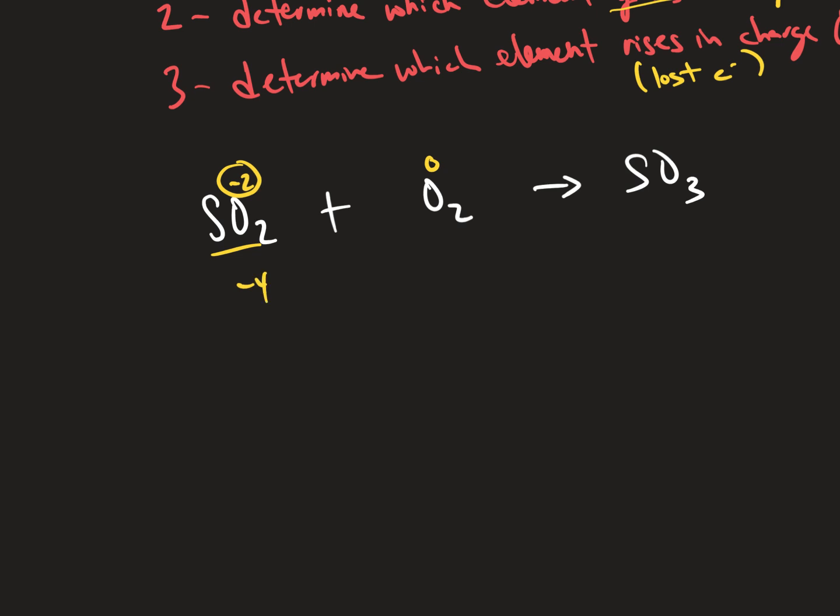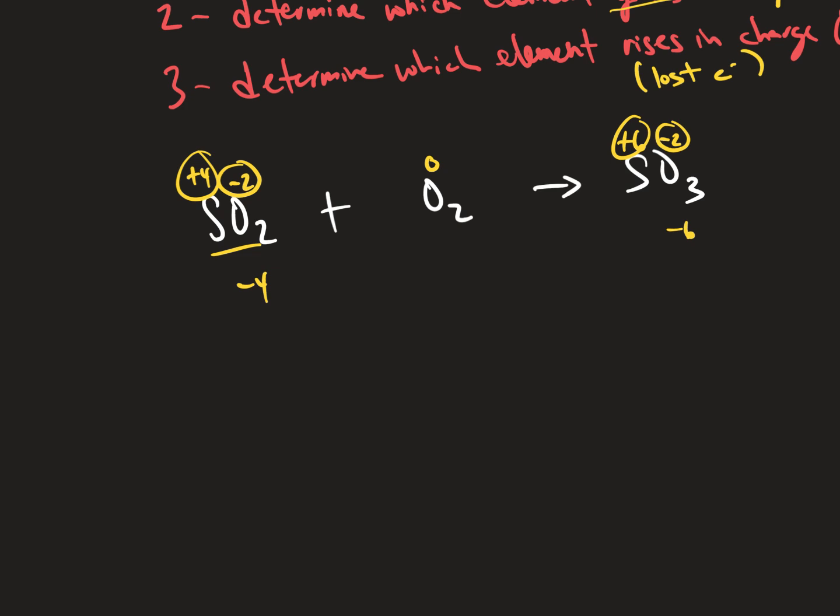That means the sulfur has to be +4, so that way it's neutral, because it's a neutral compound, right? Are we good? All right. So now let's do the same thing on SO3. Oxygen is -2, multiplied by 3, that means sulfur is +6.